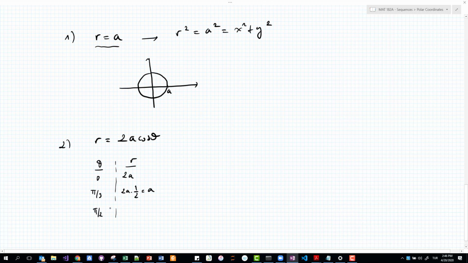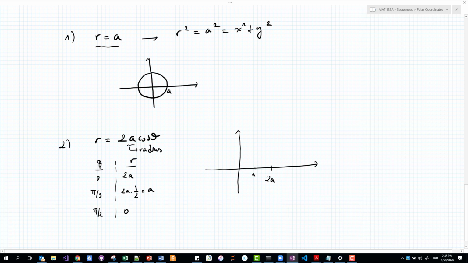Pi over 2: cosine pi over 2 is 0, so r is going to be 0. So what I can do is combine all these points in the plane to see what kind of shape I'm going to have. 2a somewhere here is going to be my diameter. So basically my radius is going to be a in this case. So when you look at this number, that number is going to be the radius of my circle.